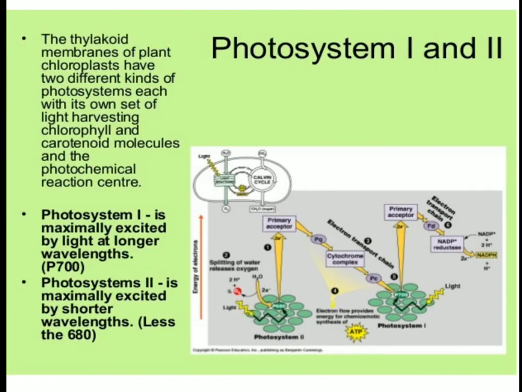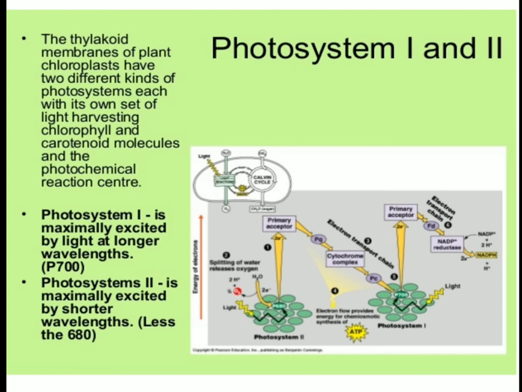Here you can see the difference between PS1 and PS2. The thylakoid membrane of the plant chloroplast has two different kinds of photosystem, photosystem 1 and photosystem 2. In photosystem 2, the reaction center chlorophyll A absorbs 680 nanometer wavelength of red light, causing electrons to become excited and jump into an orbit farther from the atomic nucleus.